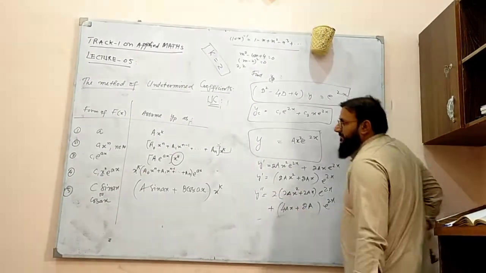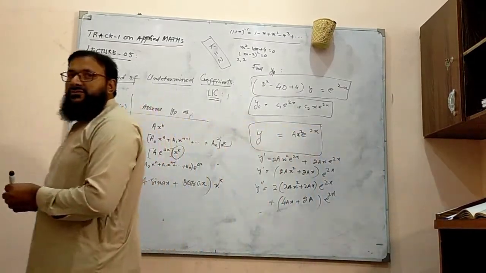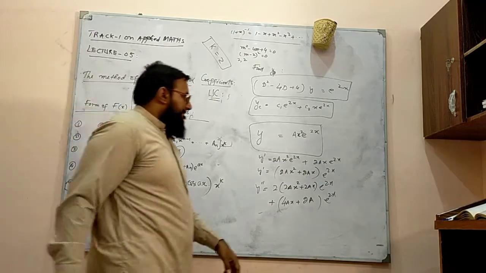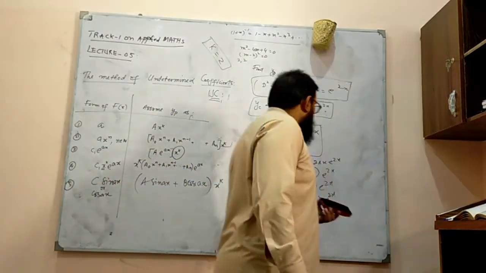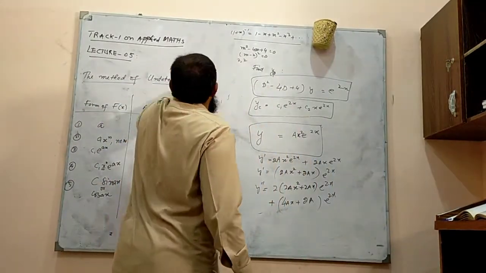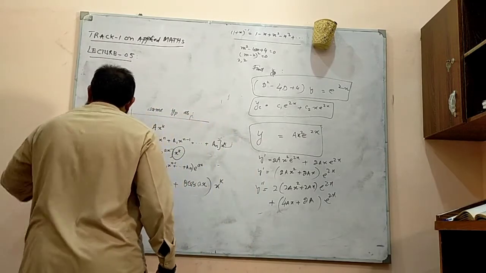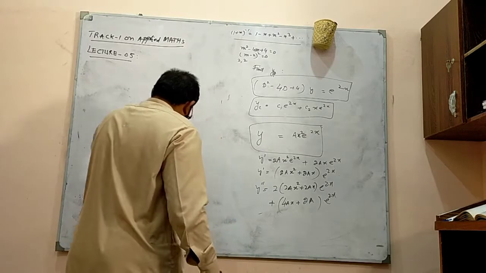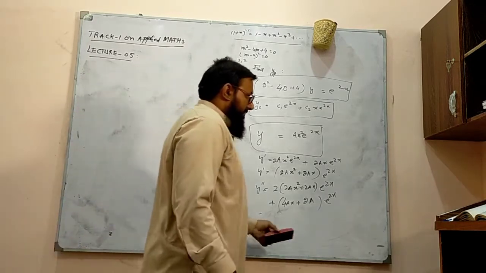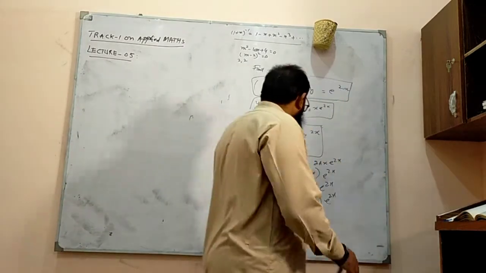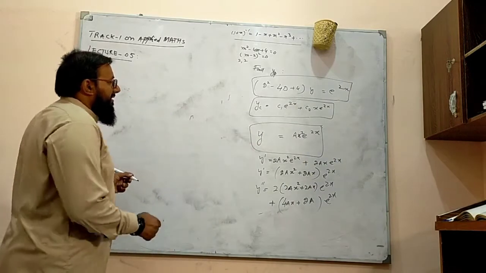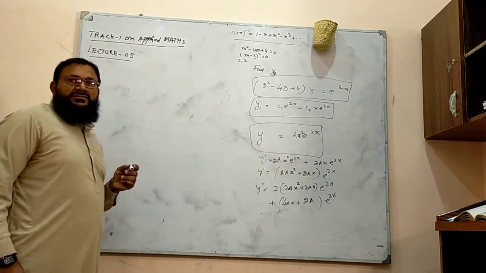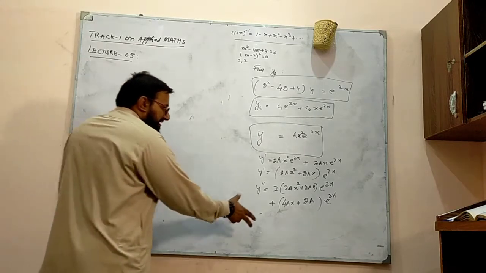So this is y double prime. We have to put it in the differential equation and determine the value of a. This d square y means 2 times the second derivative.